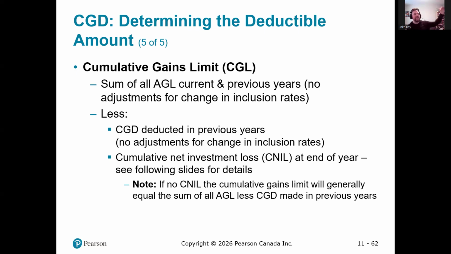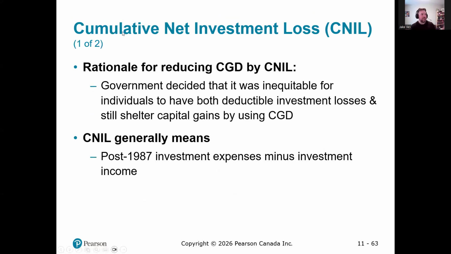Now, if you've had investment income all your life and suddenly you have this big sale of a qualified business, you can protect as much of it as you can. But if your investments consistently have losses, they want you to use those losses before using the capital gains deduction. So that's basically what the cumulative net investment loss is.